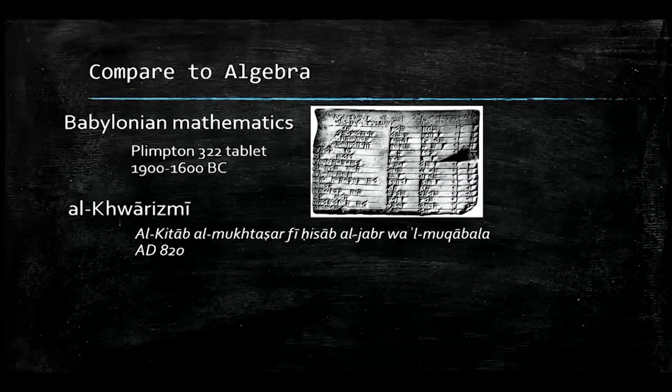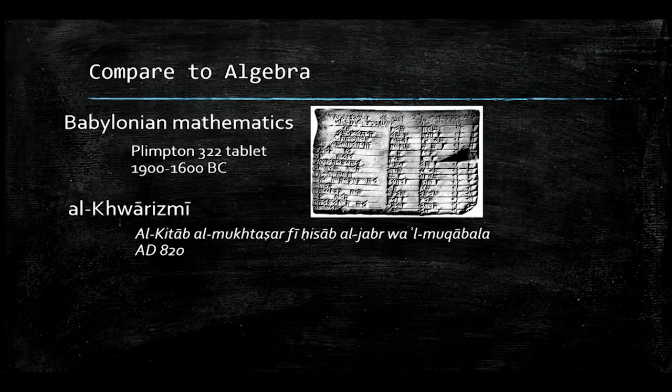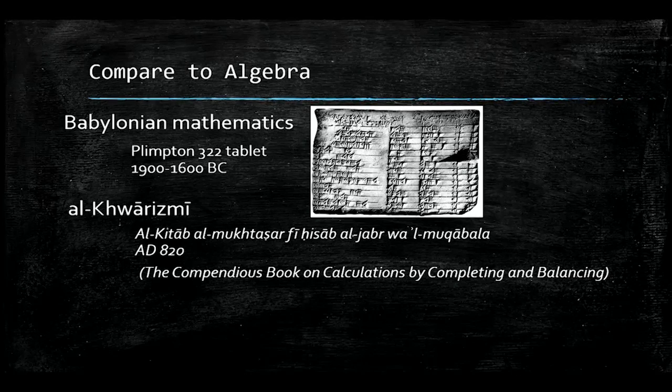Then we have Al-Khwarizmi. This book's kind of a mouthful, but if you look at one word, what does that kind of look like? It's a little bit like algebra, right? So if you write this in English, it's still kind of a mouthful, but it even sounds kind of like algebra, right? Completing and balancing equations.